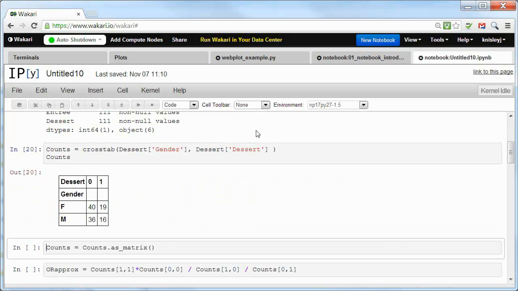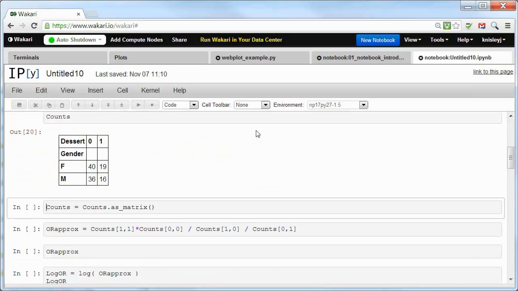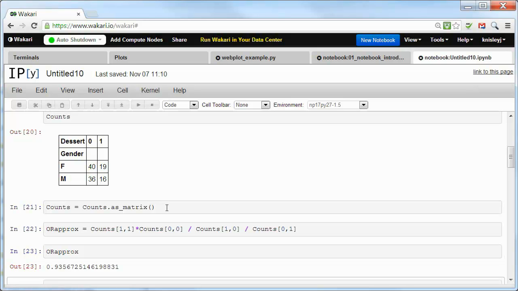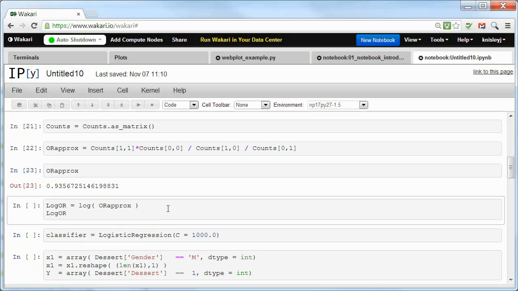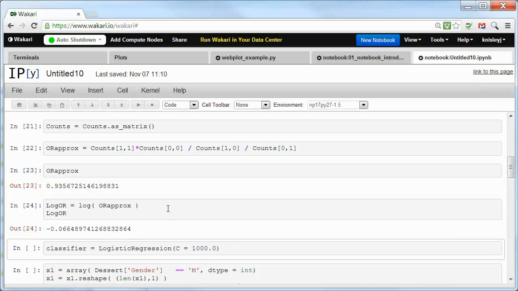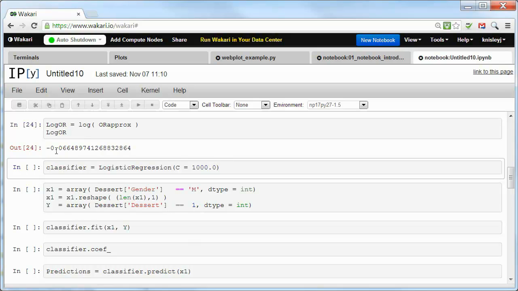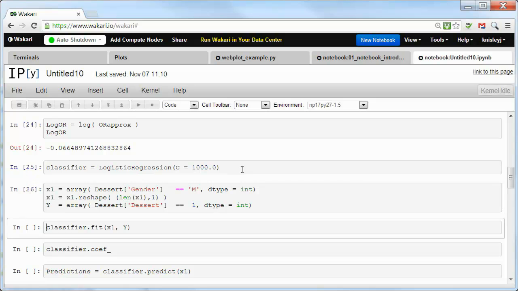And now we're going to do a cross-tabulation, and here is dessert versus gender, and the cross-tab is just our two-way table. We're going to treat those counts as a matrix, and then our approximate odds ratio is given by this, and that's negative 0.066, and that's the log odds ratio.